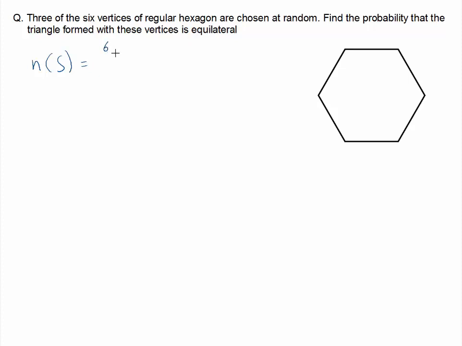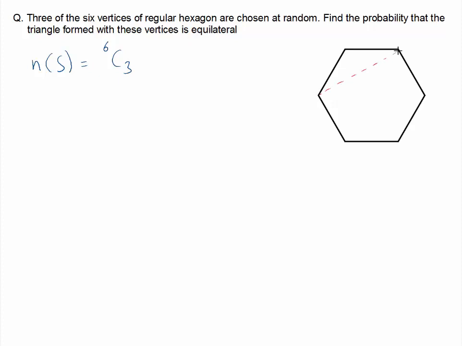So that is 6C3, the number of ways of selecting 3 vertices out of the available 6. Now we need to find the probability that the triangle formed with these vertices is equilateral. Now if you join the vertices, there are only 2 equilateral triangles possible.